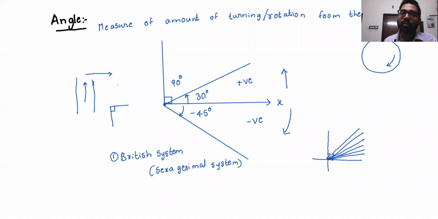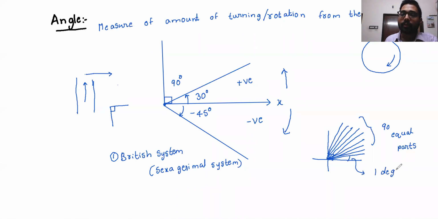Now I cannot obviously draw 90 lines, but just for your understanding, you divide a right angle into 90 equal parts, and take one such part, and that is going to be 1 degree.